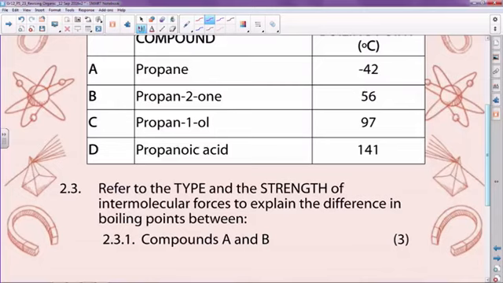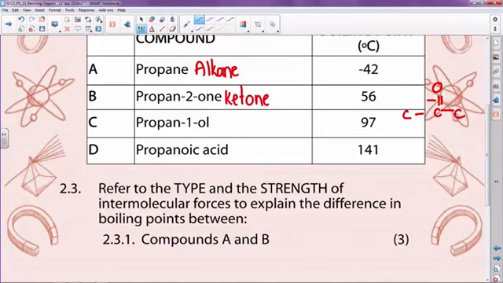So we go back to the question, and the first one is the type and strength of the intermolecular forces between A and B. A is an alkane. B is a ketone, and with a ketone you're going to have a carbon double bonded to an oxygen in the middle. In fact, propan-2-one would look like that.